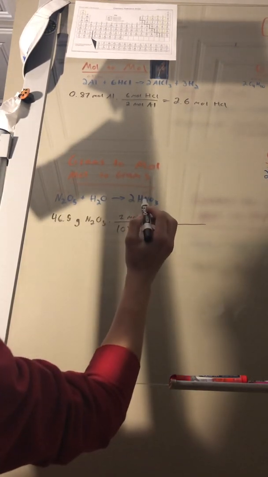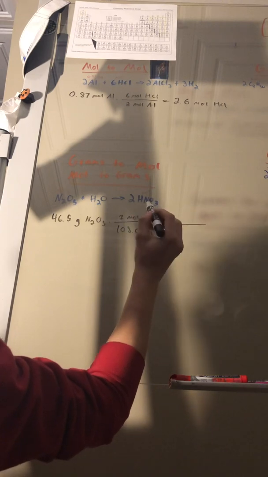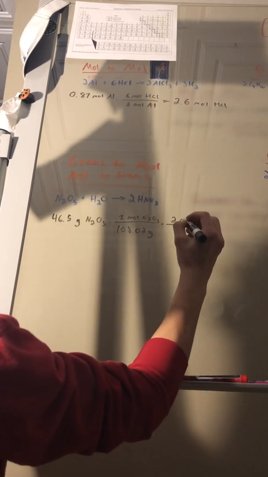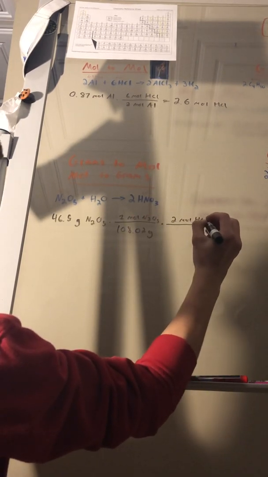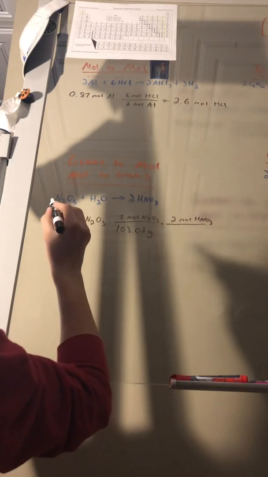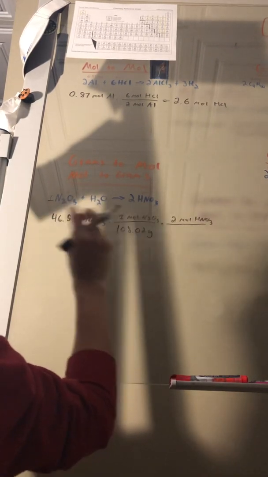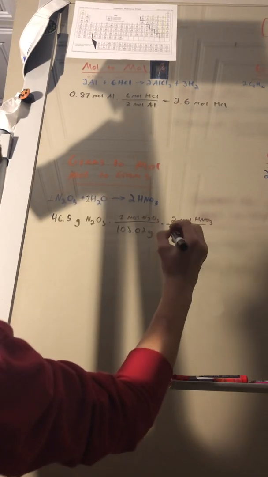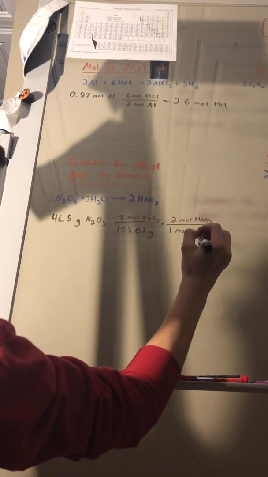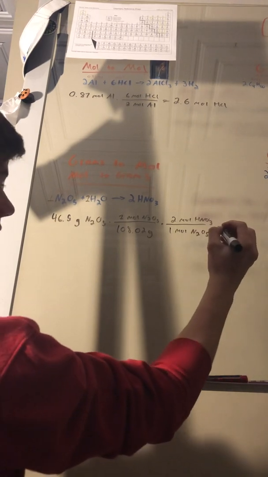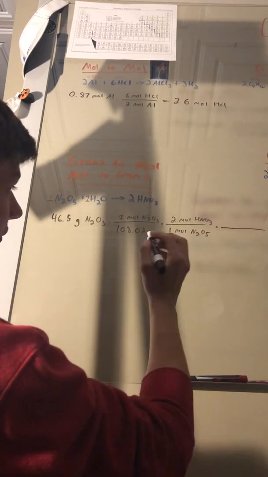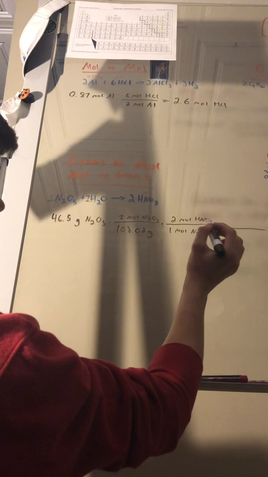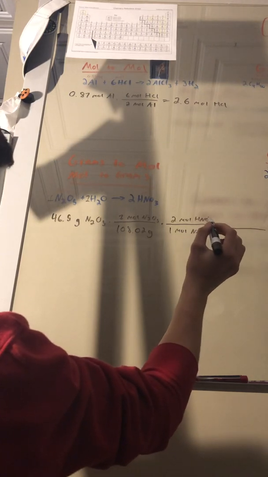Once again, you have your unknown, you want to find out how many moles of this on top. So 2 moles HNO3 for every 1, the coefficient 1, whenever it's left blank. Like it would be a 1 right here too. 1 mole N2O5. Now, that would give you how many moles of nitric acid.